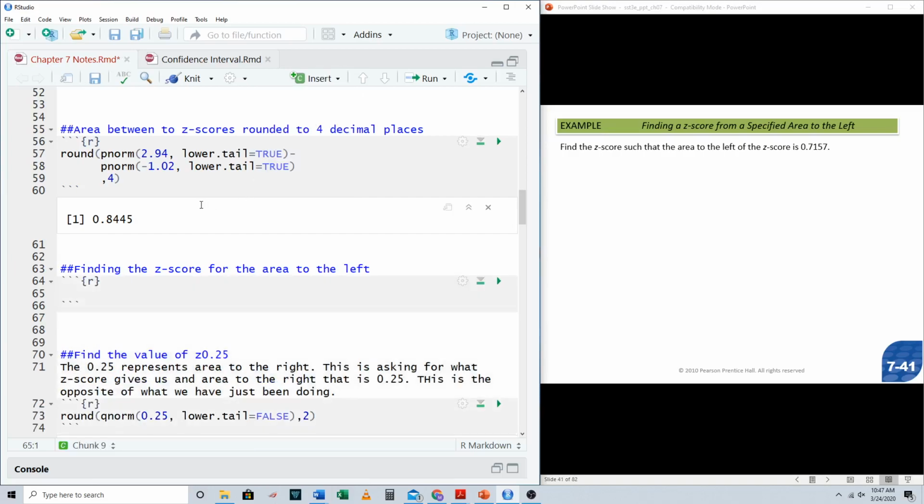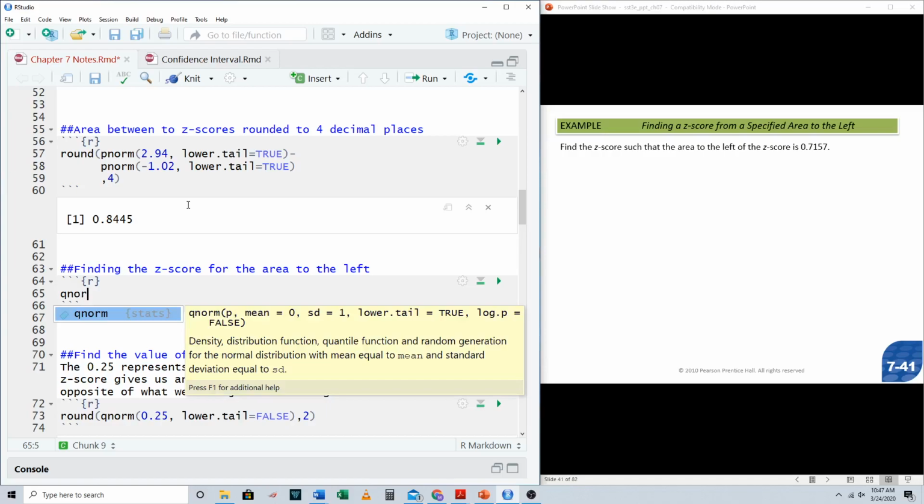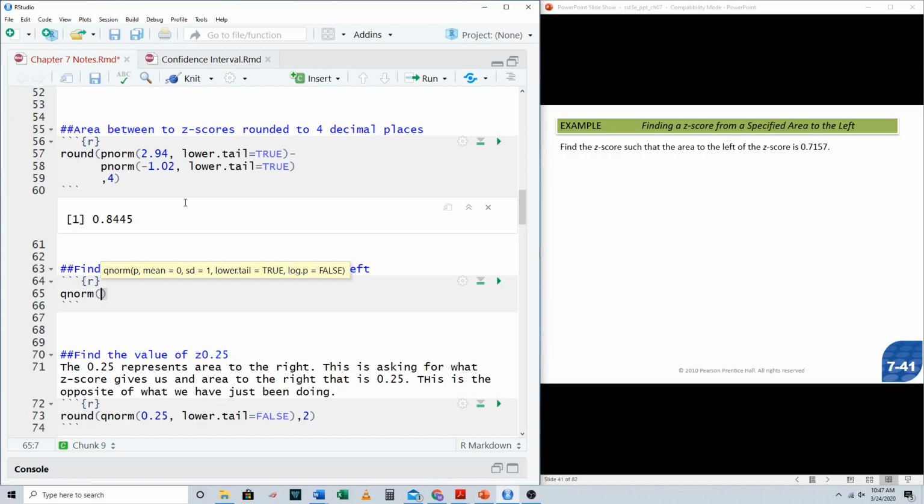Insert R, Q norm. There it is, Q norm. We are going to use lower tail equals true, okay? But all this right here we don't need. We just need the area, which is 0.715, comma, lower tail equals true, because this is the area to the left, so true.